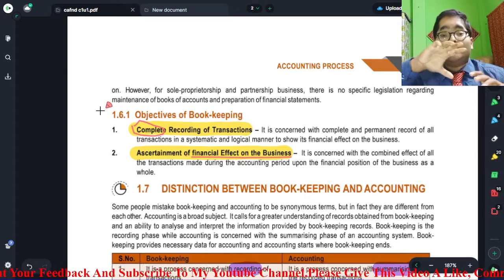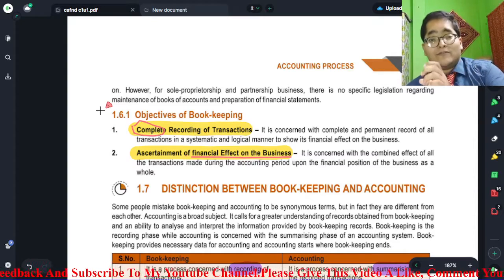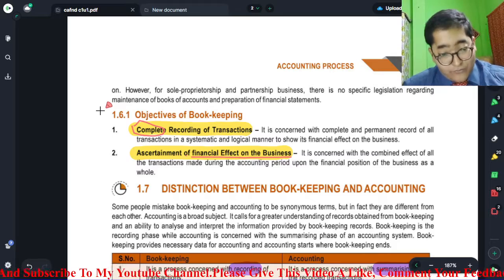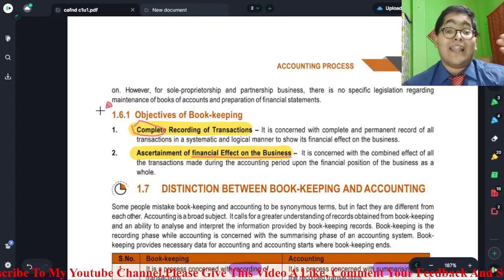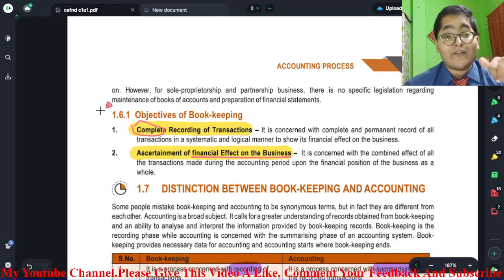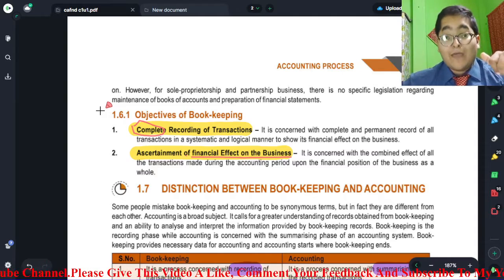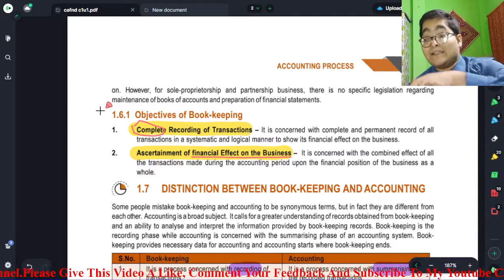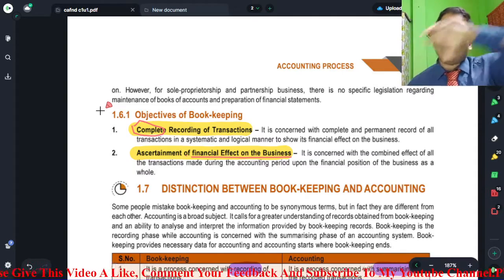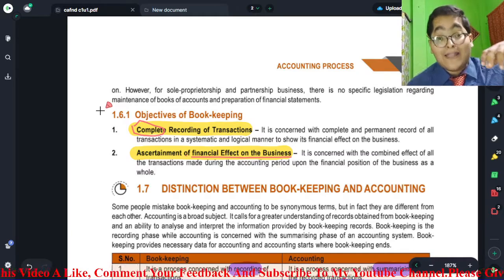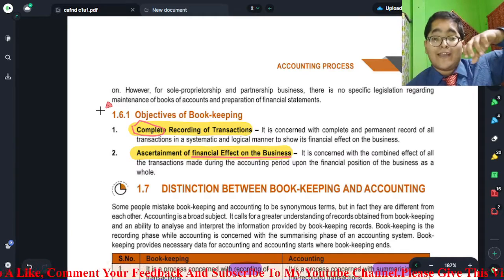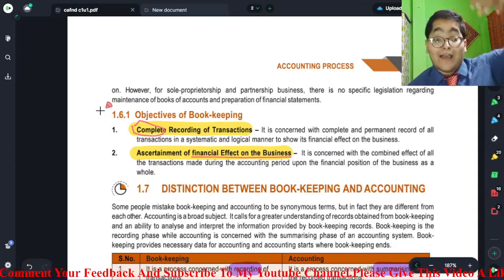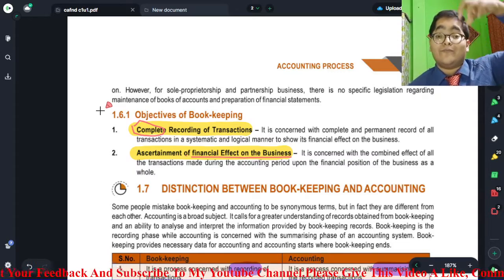Then it gives rise to a profit or loss, so a certain amount of financial effect. The financial effect of the business is the profit or loss at the year end, but it is identified from bookkeeping. So identifying the financial effect of the business is an important objective of bookkeeping itself.